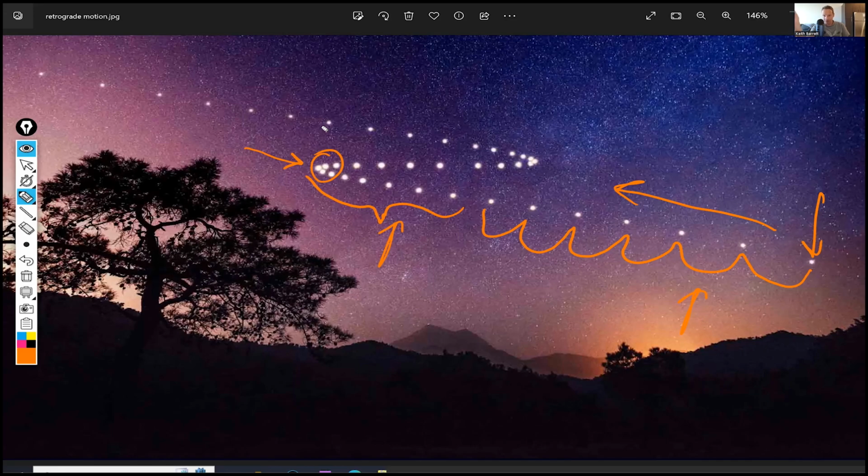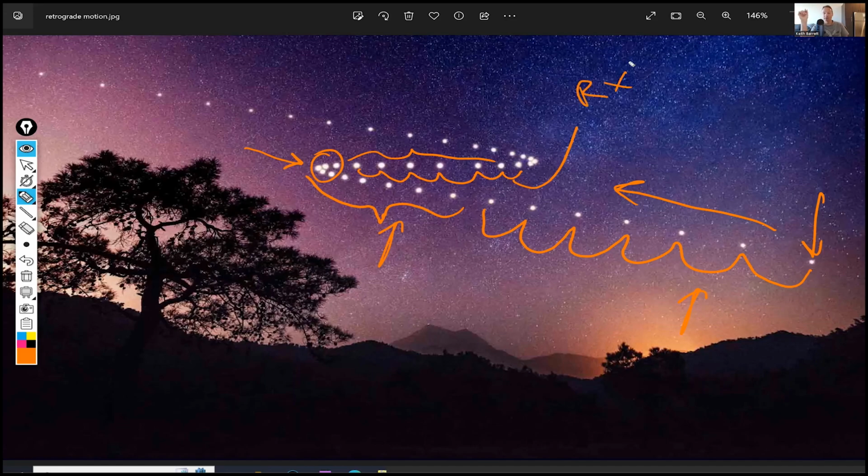Then if you kept tracking this night after night, you would see it starts going in reverse, which is the retrograde motion. It's going opposite to the way you were tracking it here. If you have planets in your birth chart with an RX next to them, that signifies that it was in this pattern.